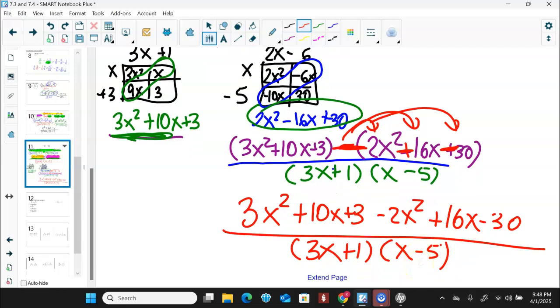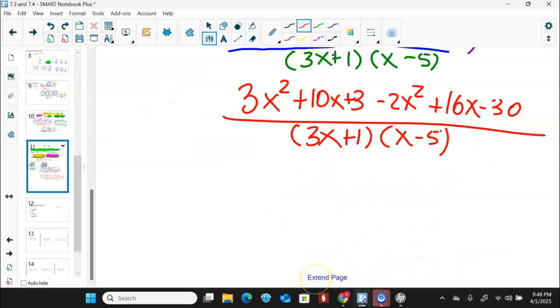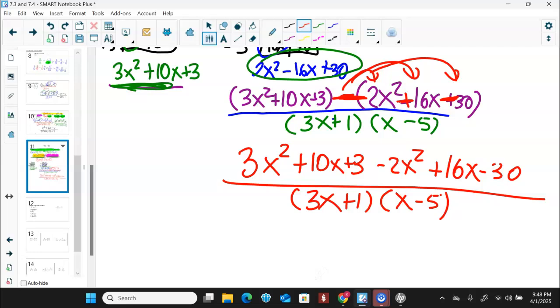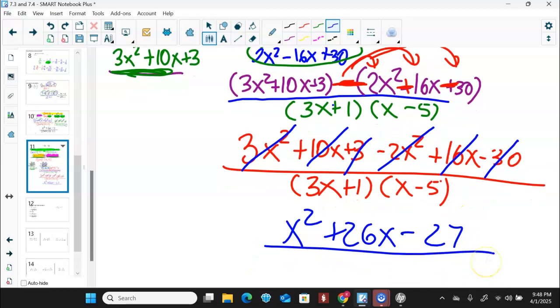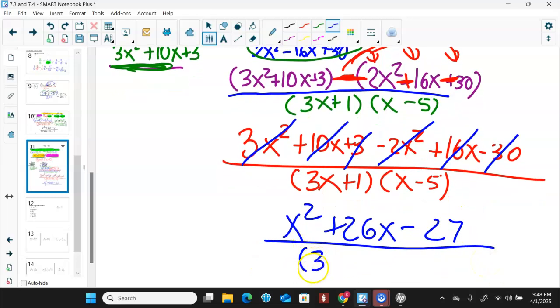Now, the last thing to do in this big, awful question is combine like terms. 3x squared minus 2x squared is x squared. 10x plus 16x is 26x. And 3 minus 30 is negative 27, over our common denominator of 3x plus 1 and x minus 5, okay?